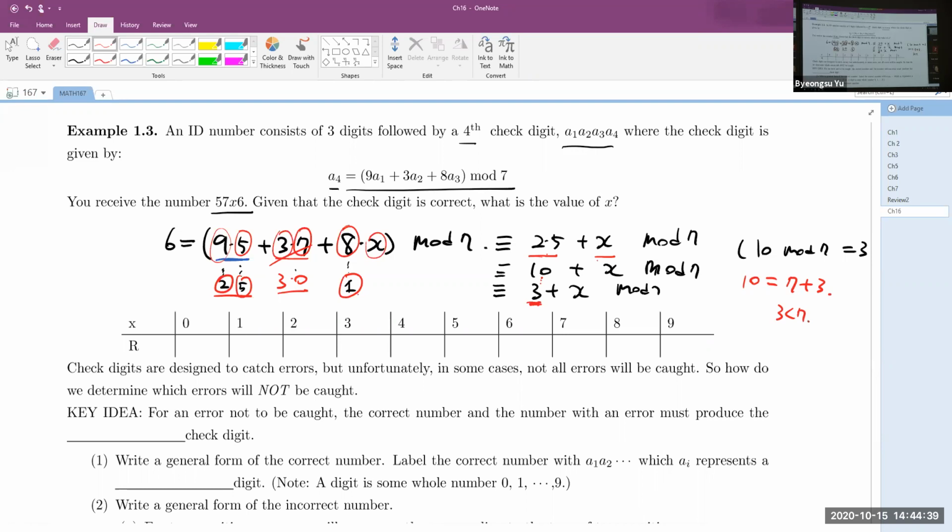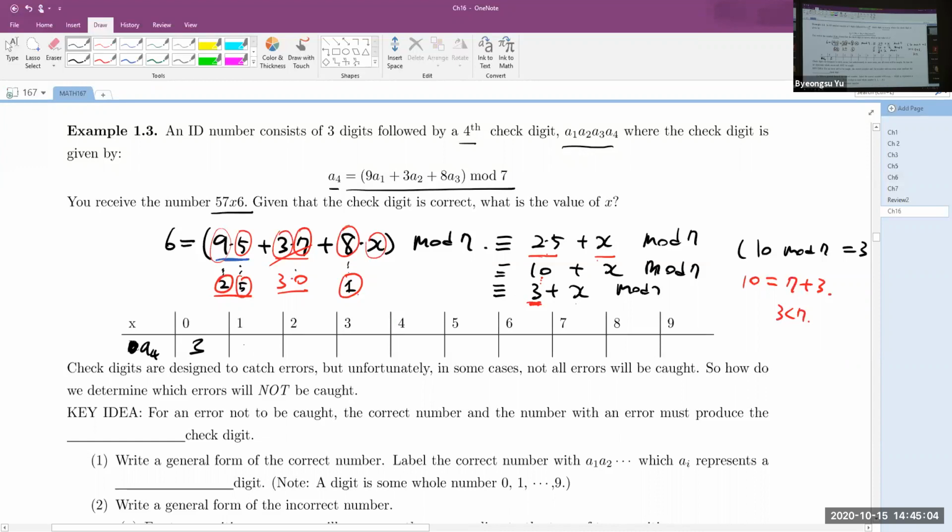So in this case, all you need to do is put in some values for x and figure out what the result is. Sorry for the typo. When x is 0, then you get 3.